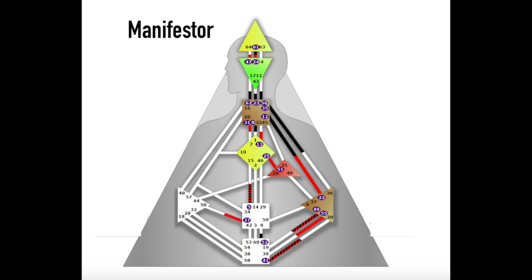So the manifestors are going to look like they have their throat defined or colored in. So if you look on the chart where the throat's position is on this human's chart, that box, that square is colored in. And so that means that manifestors do have this portion, this center, the throat center, colored in or defined.